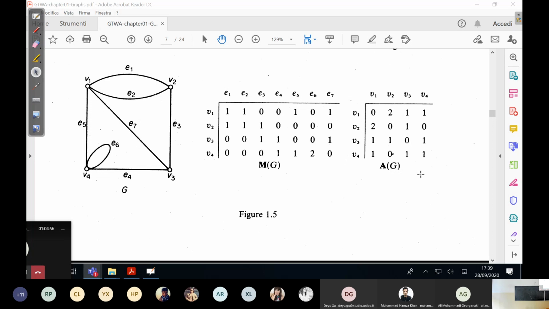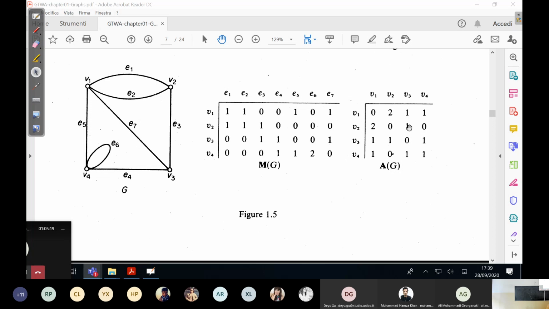But the same edge, of course, connects two vertices or one vertex with itself, and so it cannot appear in any other rows. And so what we have is the number of edges.